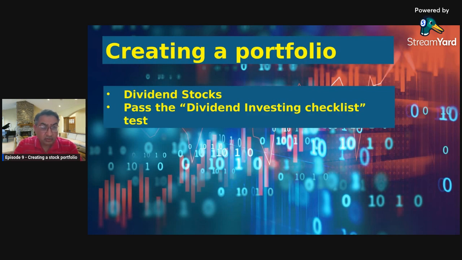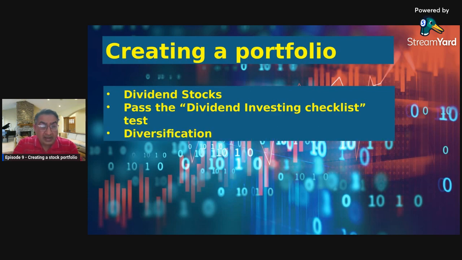In the episode today, you will see how we apply the dividend investing checklist to one of the shares that we have selected. And last but not least, since industries go through variation, it is very important that we have some diversification in our portfolio to allow for the industry dynamics as they play out.